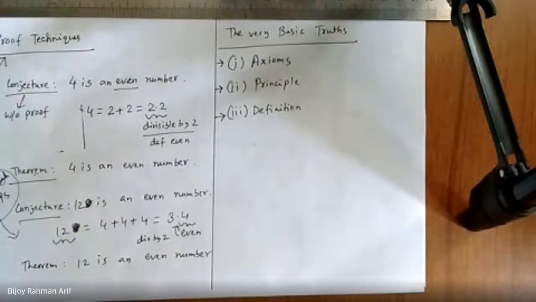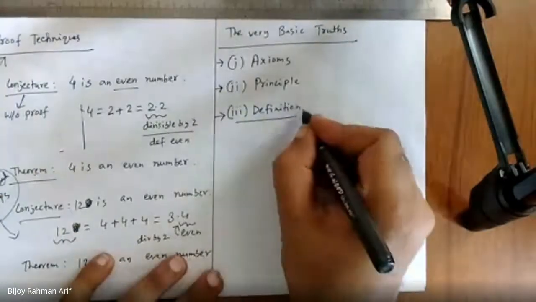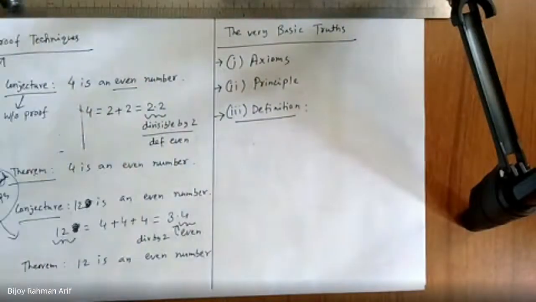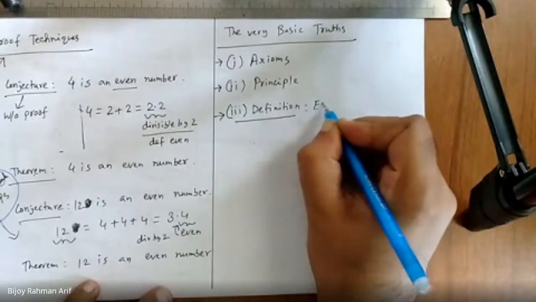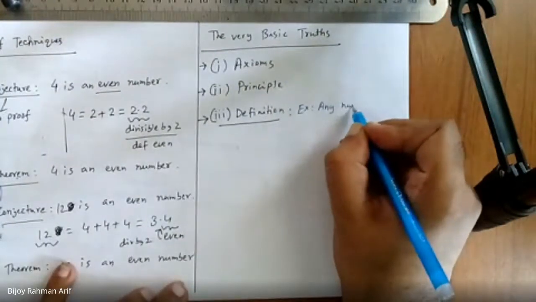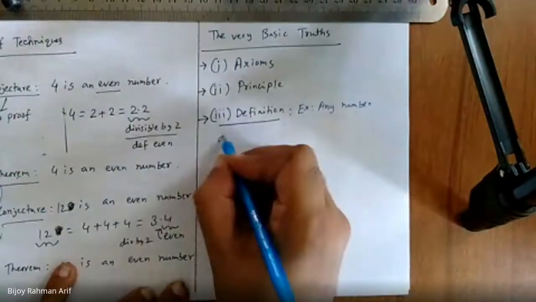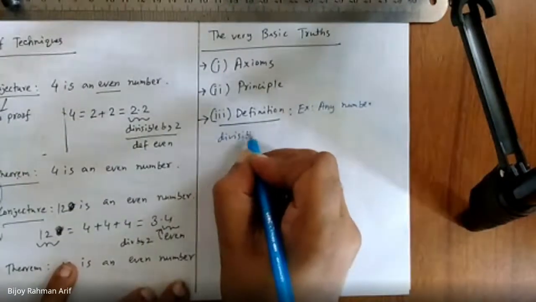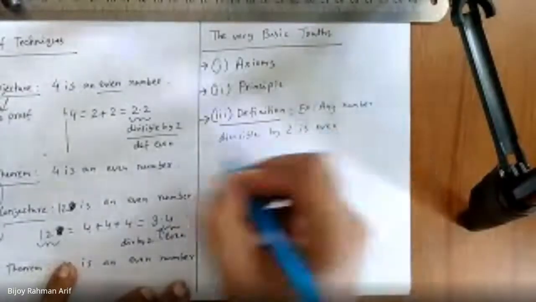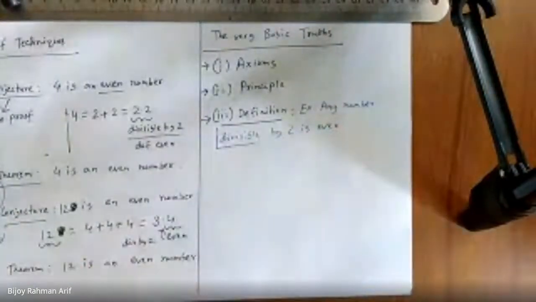Yes, sir. So let's give you some example. For example, let's give you a definition. What is definition? For example, any number divisible by 2 is even. Definitely, it is the definition.